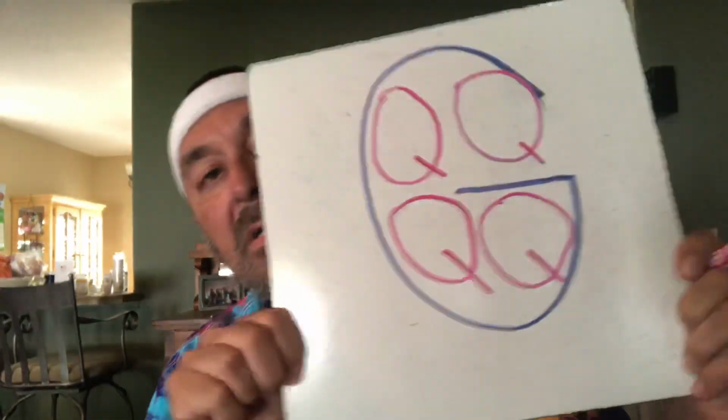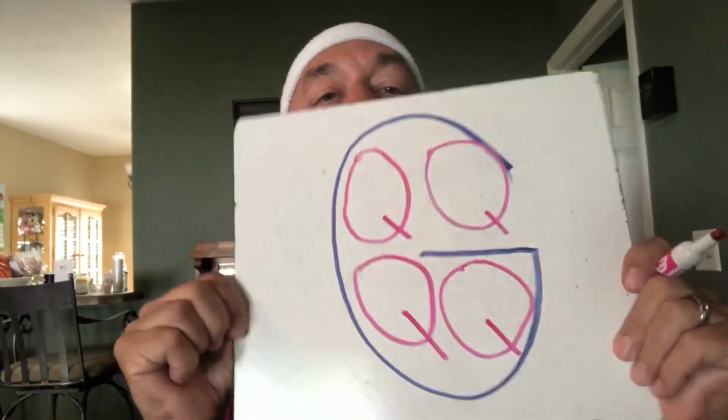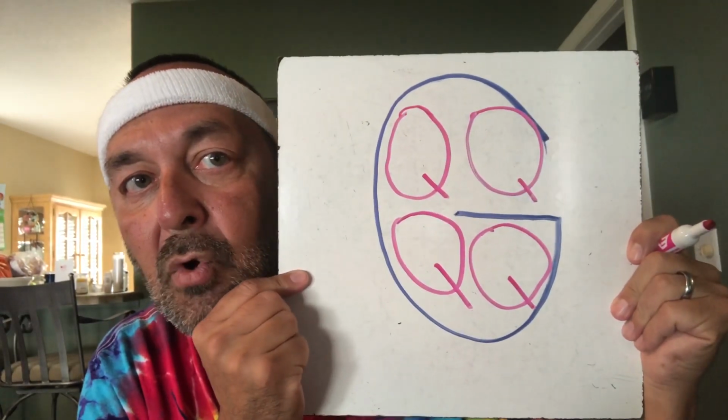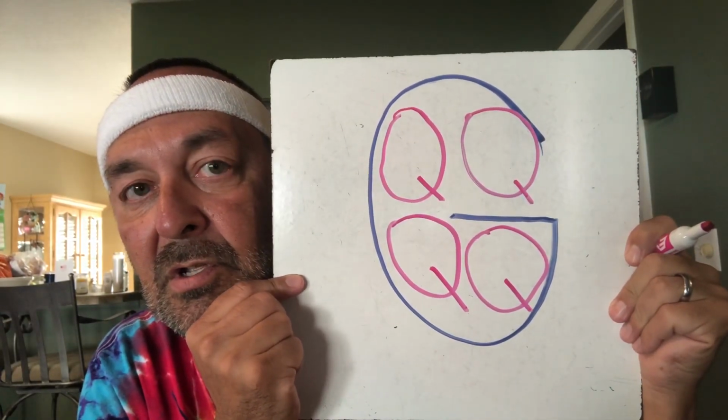It was 4. Good memory. So what I'm going to do here, I'm going to draw 4 big Q's in my capital G to show that there's 4 quarts in a gallon.